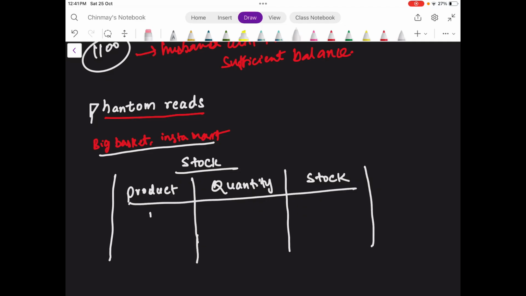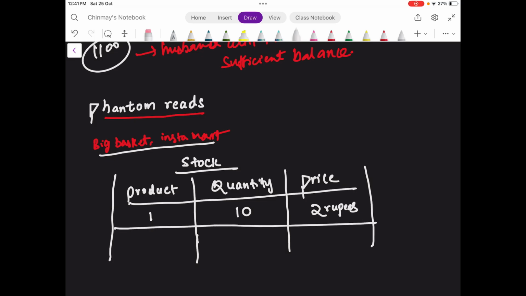For product 1, quantity is 10. Sorry, this is not stock, this is price. Price for each is 2 rupees.